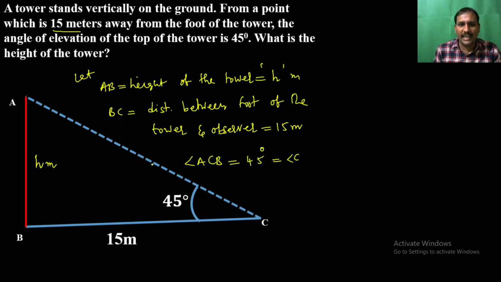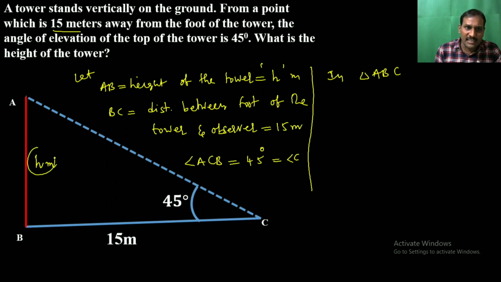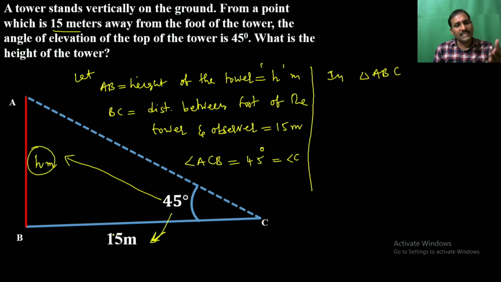Now there is a right angle formed, so in triangle ABC, let us take what we have to find. We have to find this height. With respect to 45 degrees, this is the opposite side, and this is the adjacent side. Opposite by adjacent is tan 45.